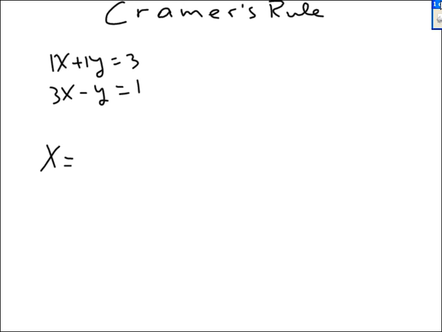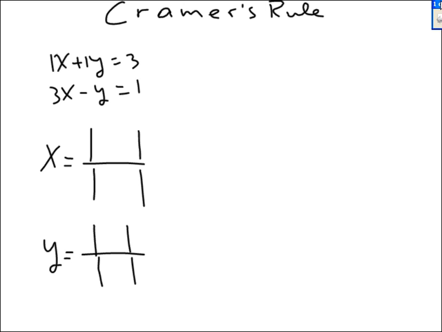X is going to equal a division of two determinants. Y is going to equal a division of two determinants.